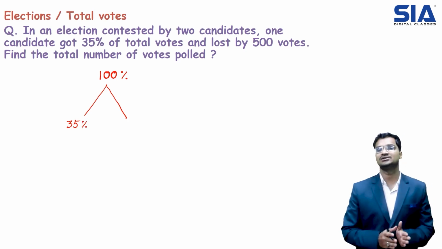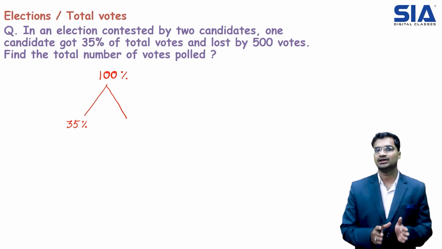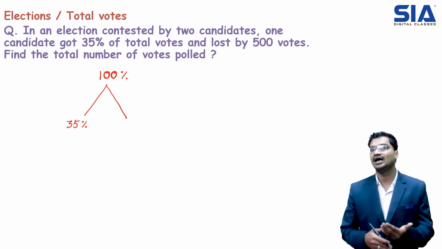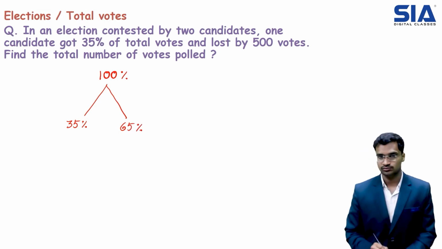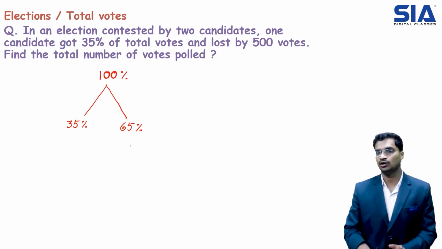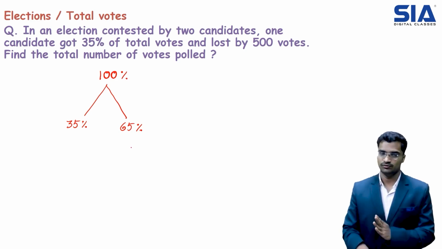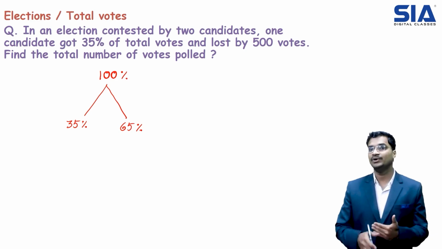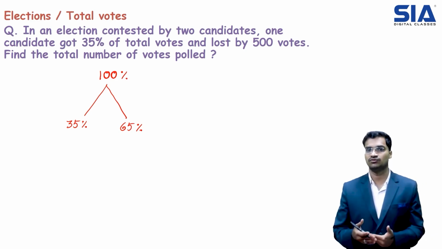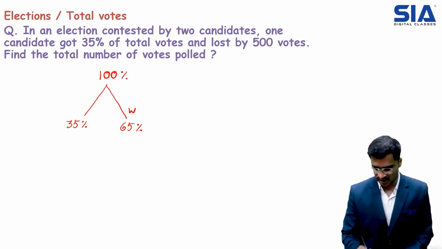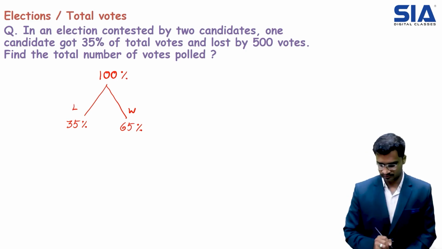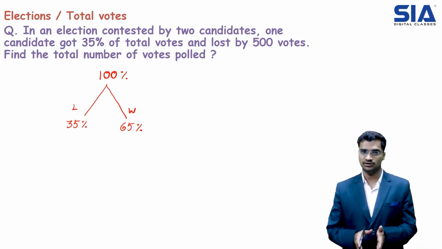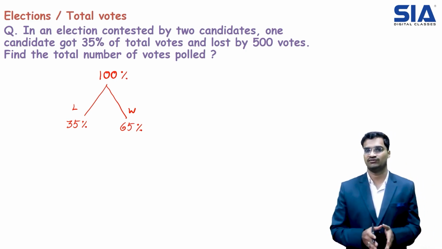If one person is getting 35% of votes, then the other person should get the remaining 65% of votes. Now here I can say that the person who is getting 65% of votes is the winner, and the person who is getting 35% of votes is the loser. So the winning candidate got 65% of votes and the losing candidate got 35% of votes.